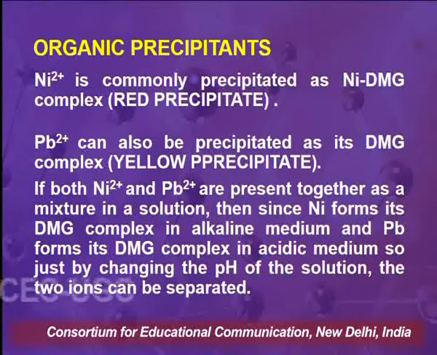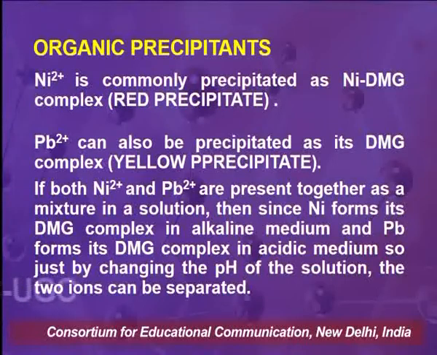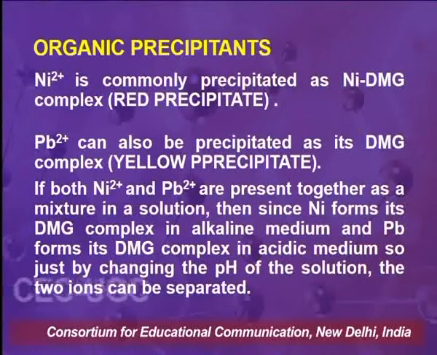Now, in this case, suppose we have a solution sample in which both nickel and lead are present together, then we have to estimate both nickel ions and lead ions in that solution. And as we have just seen, nickel ions precipitate as nickel DMG complex, and lead ions also precipitate as lead DMG complex.